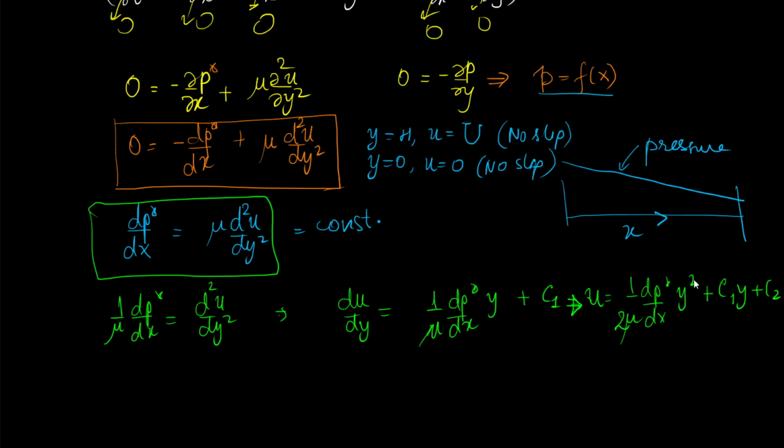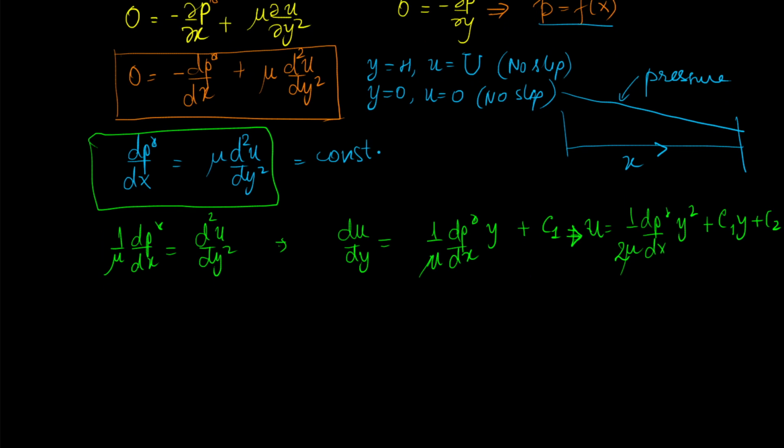So this is the expression for the velocity. Now for the first boundary condition, at y equal to 0, u equal to 0. So 0 is equal to 1 upon 2 mu dp star dx times y, which is 0, plus 0 plus c2. So c2 becomes 0.